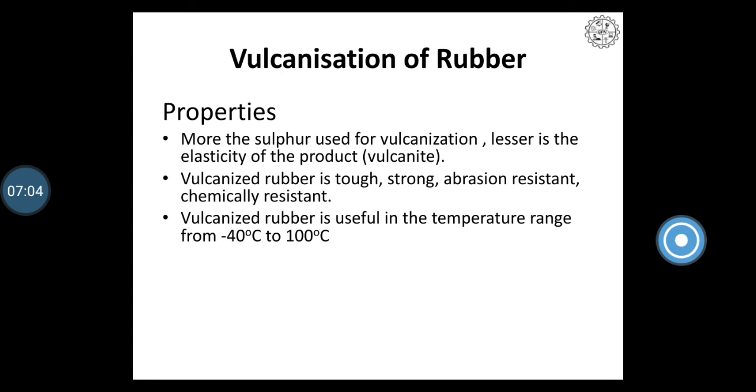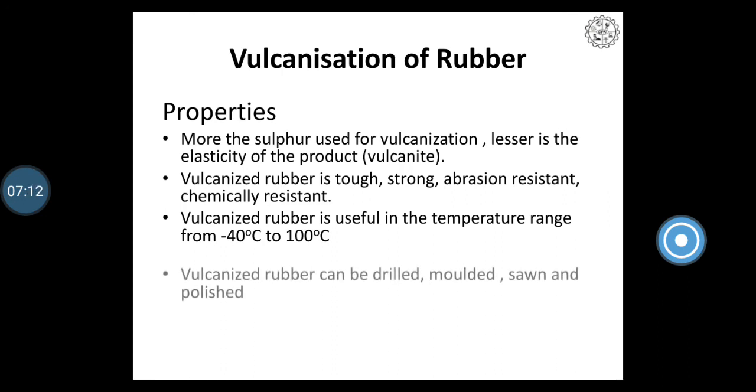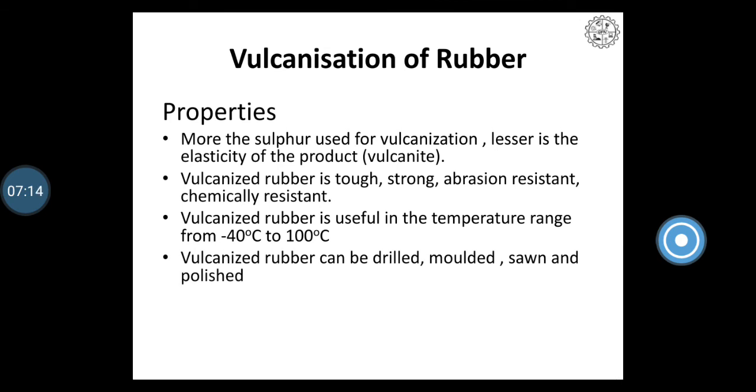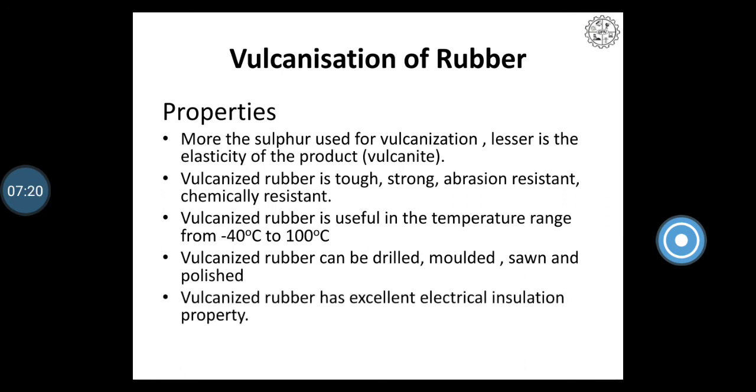That is, there is a wide range of temperature where we can use vulcanized rubber. Vulcanized rubber can be drilled, molded, sawn and polished. Vulcanized rubber has excellent electrical insulation property.